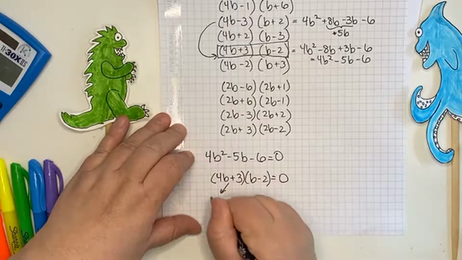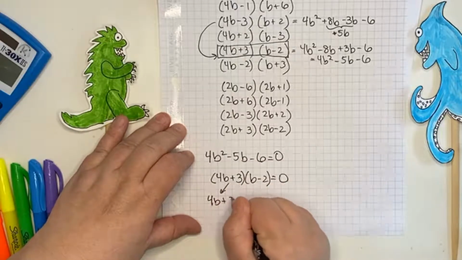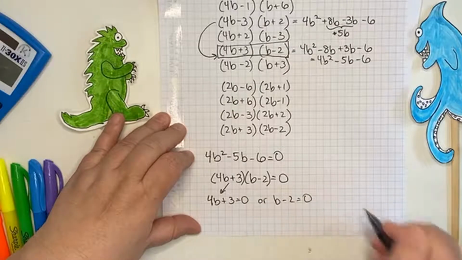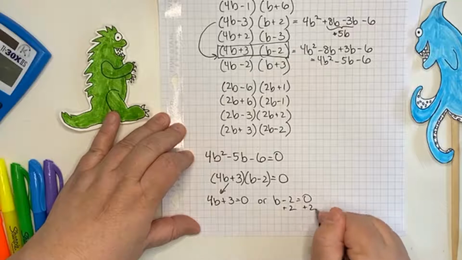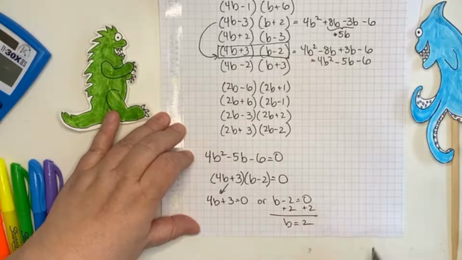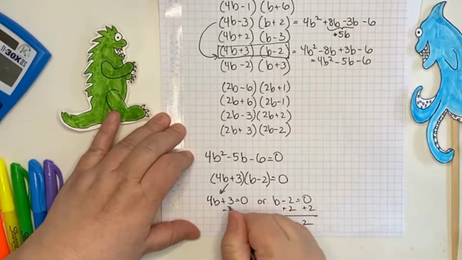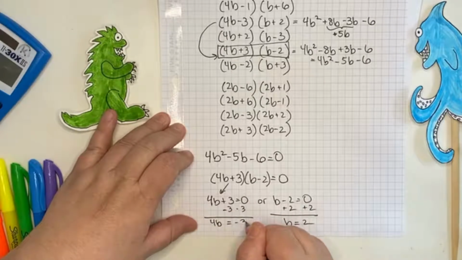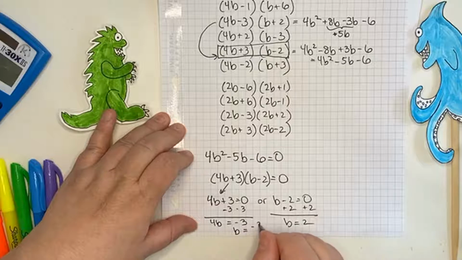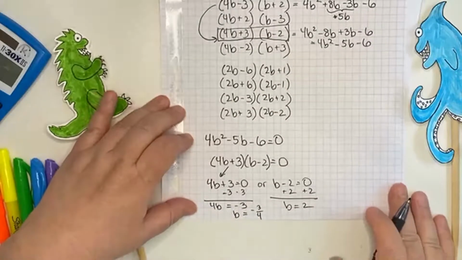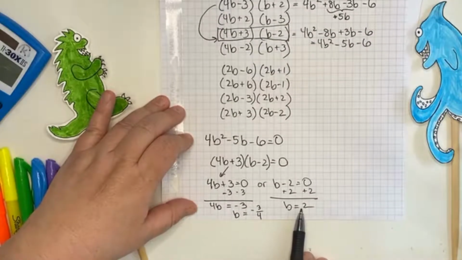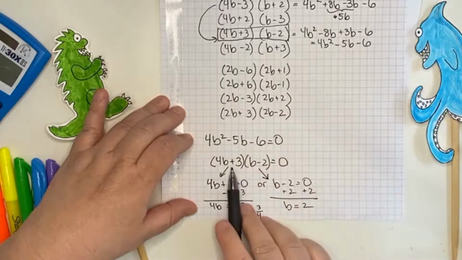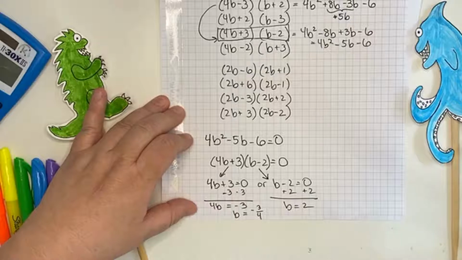You either have that 4b plus 3 equals 0, or you have that b minus 2 equals 0. So either b equals 2 or b equals negative 3/4. Woohoo, down at the bottom, right? Because we've got the zero product property here, which tells us one of the two factors must be 0.